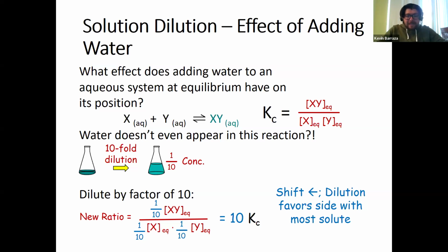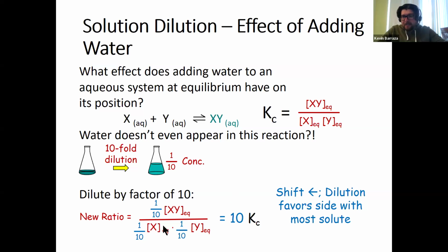In this same idea, adding more water gives the solute particles more room. They want to fill that extra room. So dilution will favor the side with the most solute. In this example, the side with the most solute is the left-hand side. So the reaction will shift to the left. It'll go in reverse to fill that space.